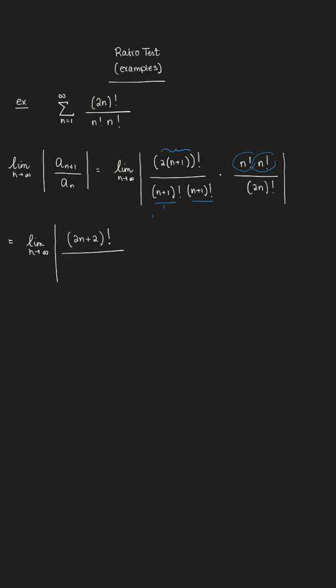Remember that (n plus 1)! can be written as n plus 1 times n!. So I'm going to do that for both. N plus 1 times n! for the first one, n plus 1 times n! for the second one. And then we're going to multiply by the nth term reciprocal; I'm not going to do anything with it, just rewrite it.